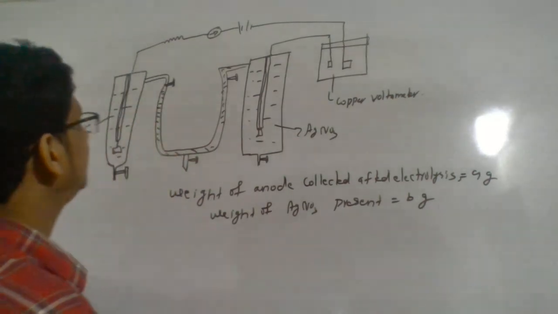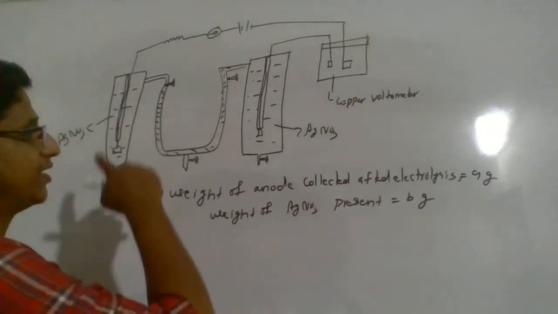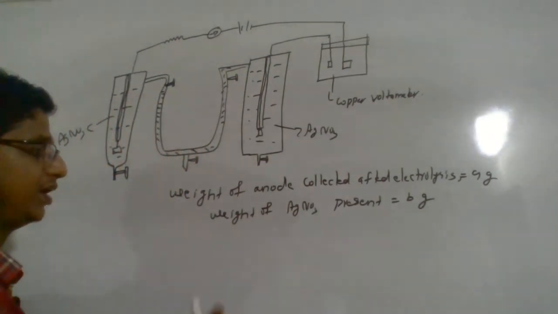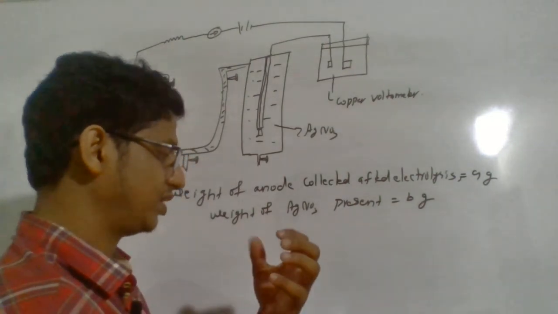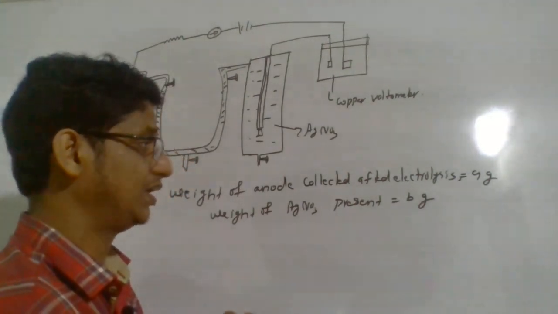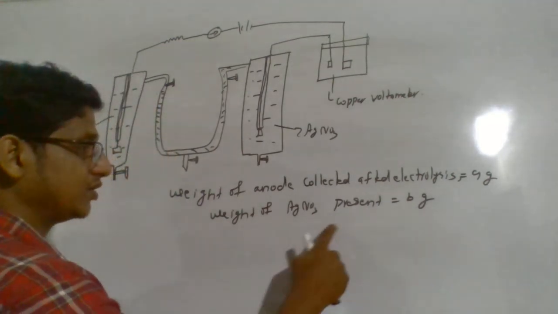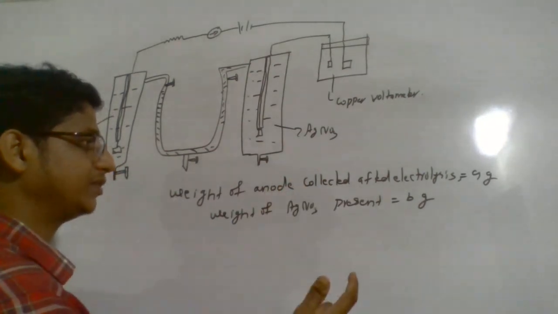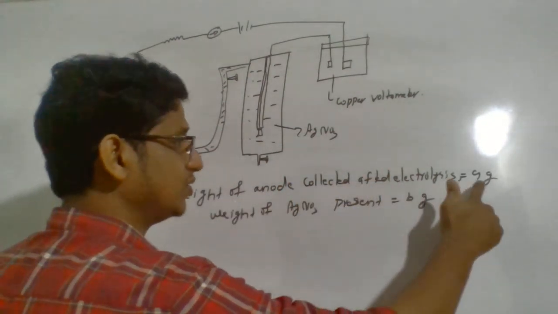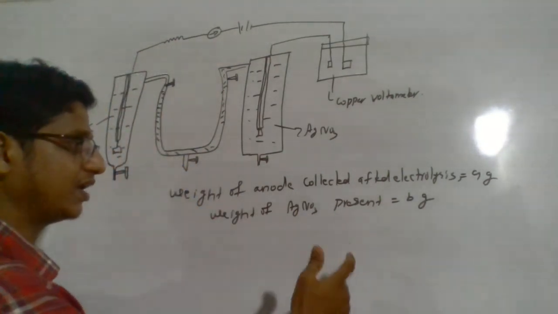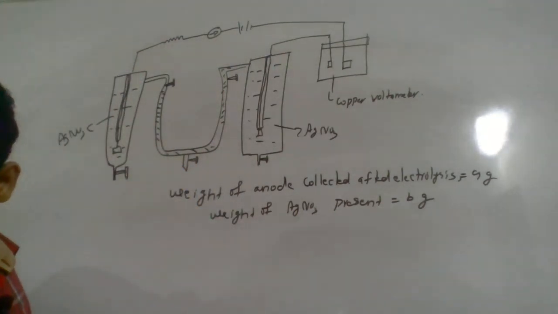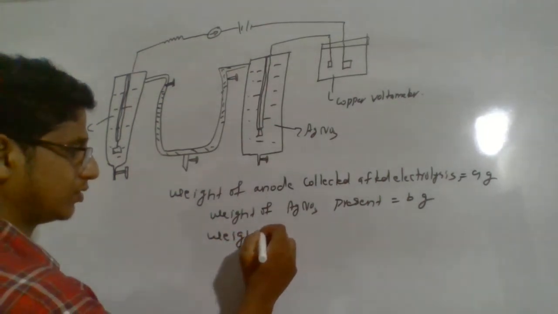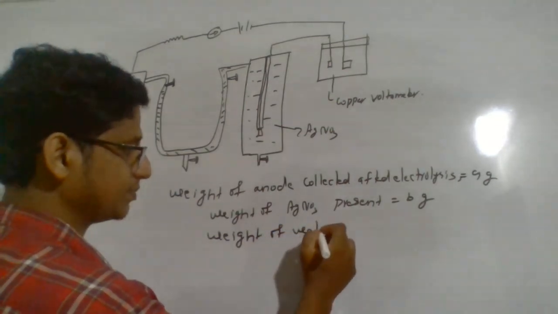We just calculate the weight of the silver nitrate solution after electrolysis. Silver nitrate solution means water will be there as well. So the weight of the whole anode solution, let it be A gram, and the weight of silver nitrate, let it be B gram. Then the weight of water will be A minus B.